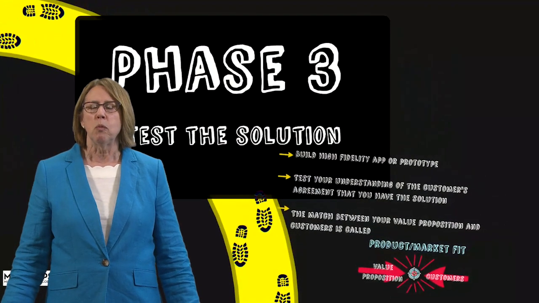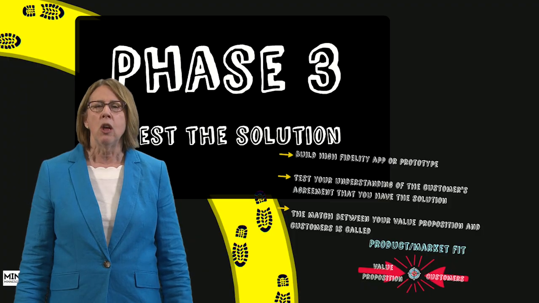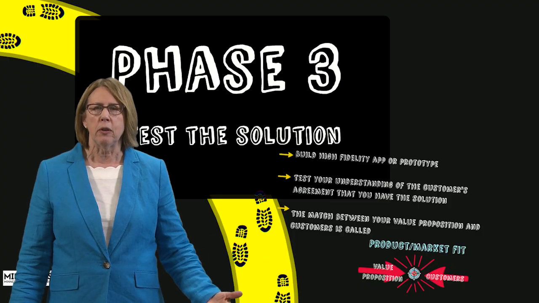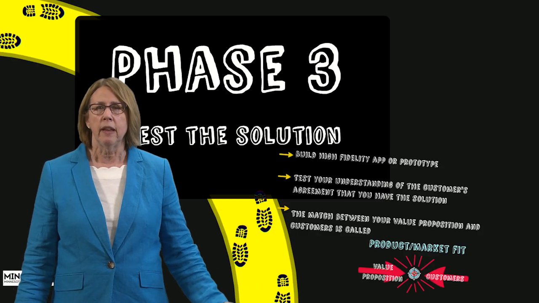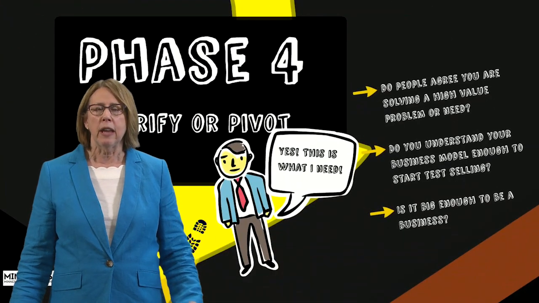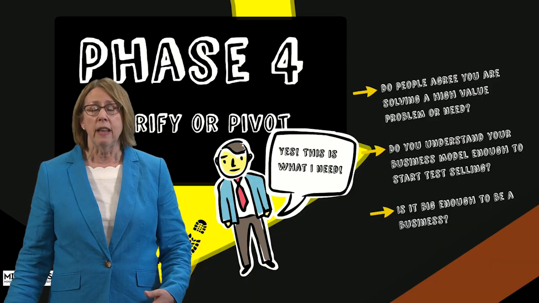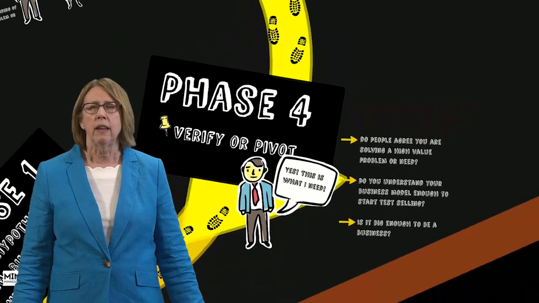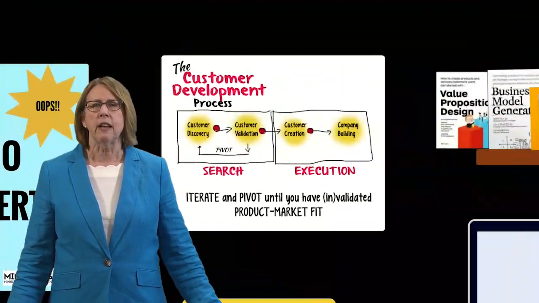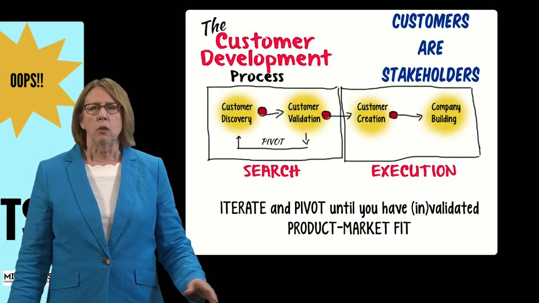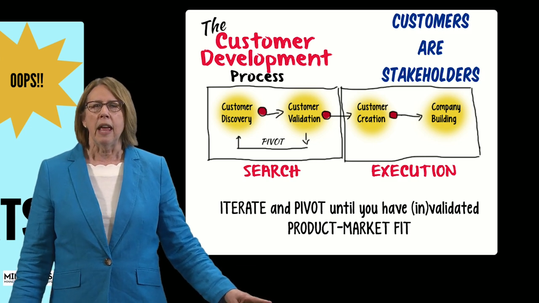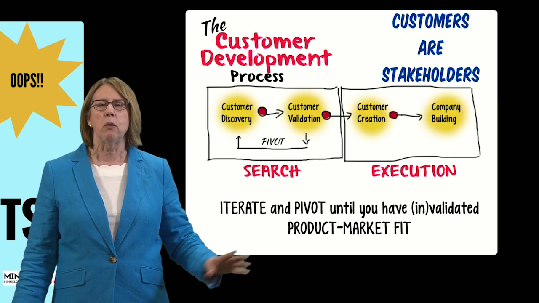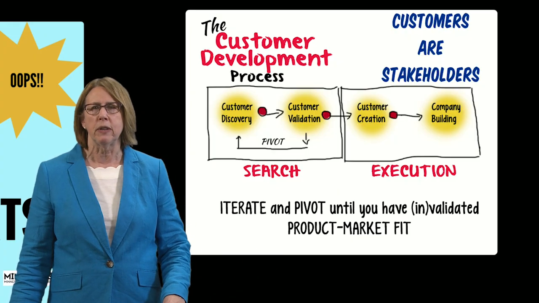Phase 3 is when you're starting to use your minimum viable product, testing the solution with your customers or with your stakeholders to make sure that it actually fits. And then finally, you're verifying or, if necessary, pivoting. If things aren't working out, now's your chance to make changes. Another way to think about this is that customers are stakeholders. You have that customer discovery part, and you really look at a whole variety of people who play a role relative to your product or service.